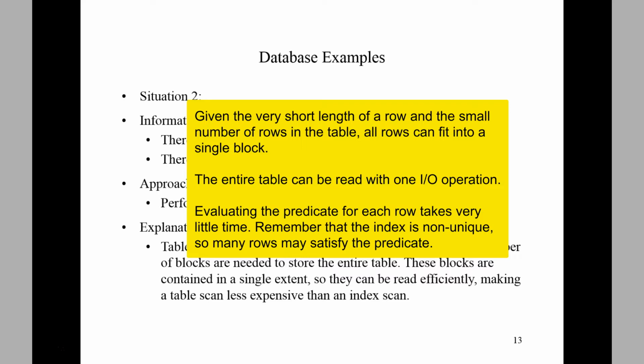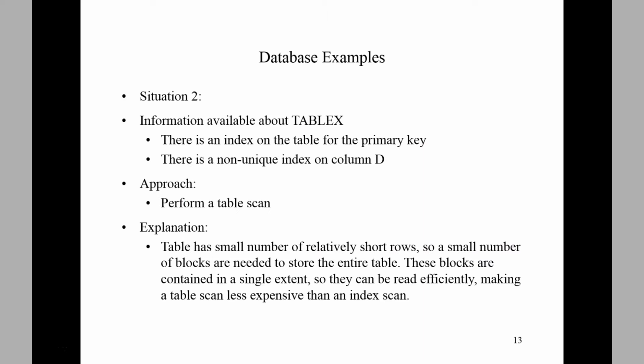These blocks can be obtained possibly with a single I/O operation, meaning that it's going to be fairly efficient to read that quantity of data rather than accessing the index, performing a couple of I/Os, and then performing an additional I/O, possibly many I/Os, to follow the pointers to the table.